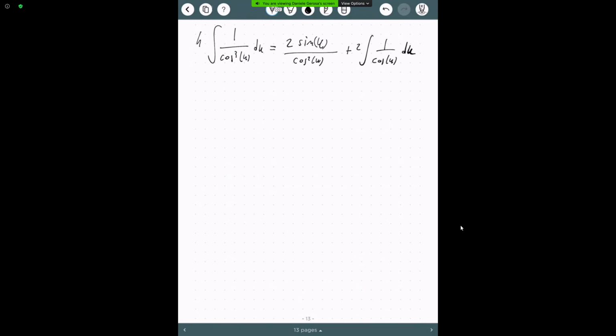Okay. And this is equal to 2 times sine of u over cosine squared plus 2 times, now this is a logarithm. This is something that you find, for example, I think at the end of the book there is a table of integrals.